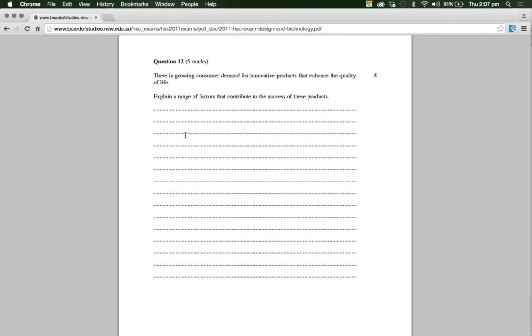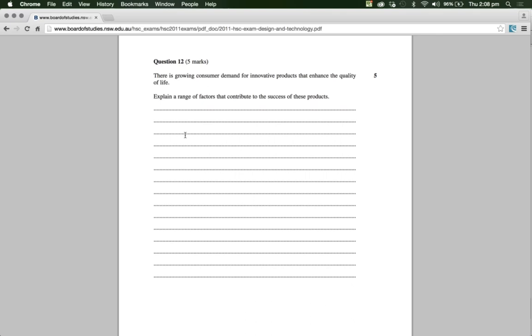Okay, so we've got the need and we've got trends. Now we have to explain how they contribute to the success. So success is a key point here. When you talked about need and trends, there's your 1 mark by mentioning those 2 out of the 5. If you just wrote trends, needs, there's 1 mark out of 5 straight away.